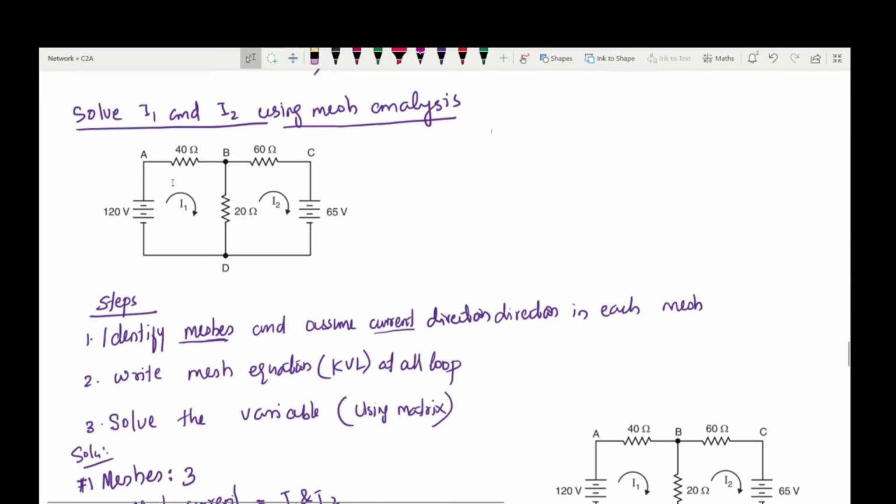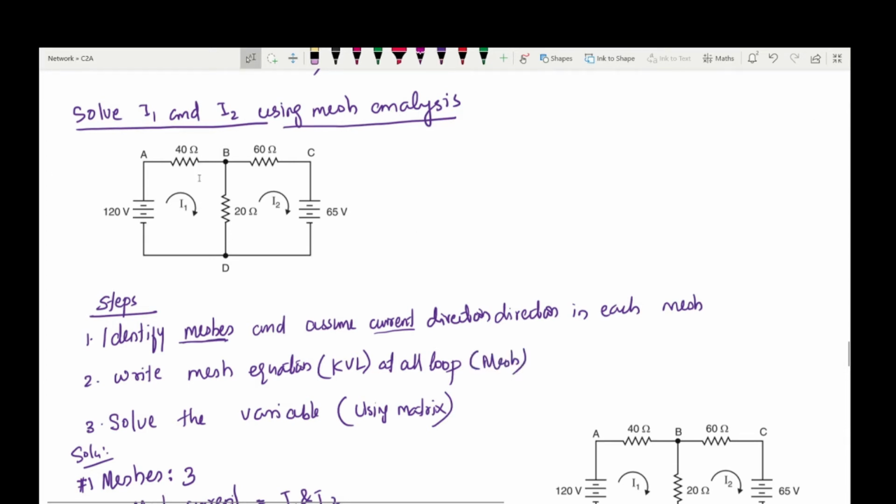Next, in each mesh you need to write the mesh equation. Mesh equation means applying Kirchhoff's voltage law in that mesh and writing down the KVL equation. In all meshes, you need to find the KVL equation.